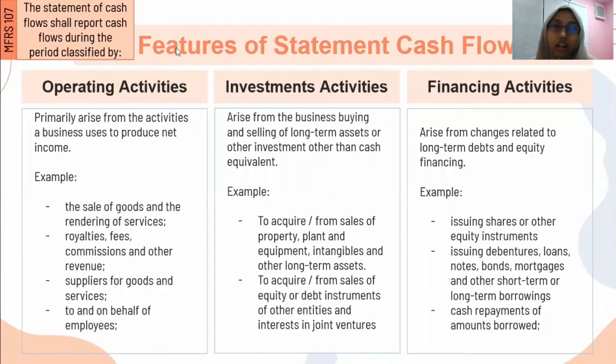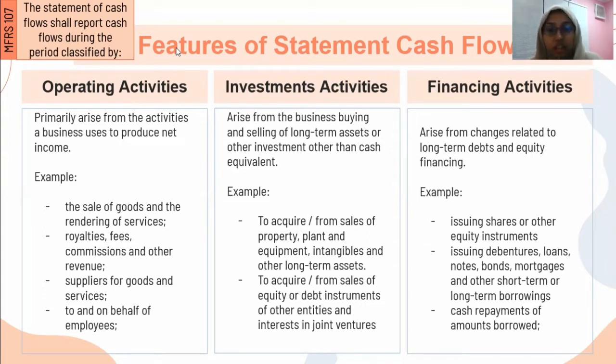Next, in cash flow statement, according to MFRS 107, the statement of cash flows shall report cash flows during the period classified by operating activities, investing activities, and financing activities.